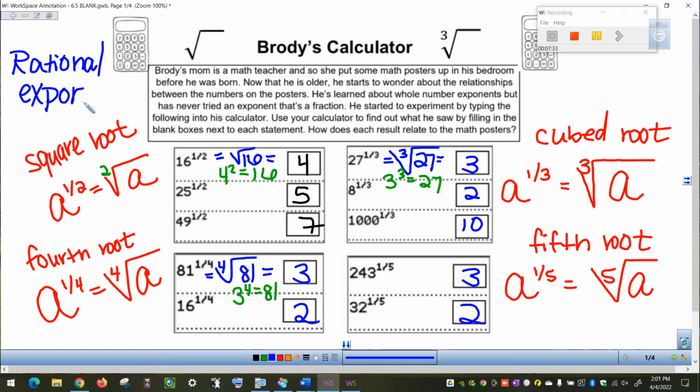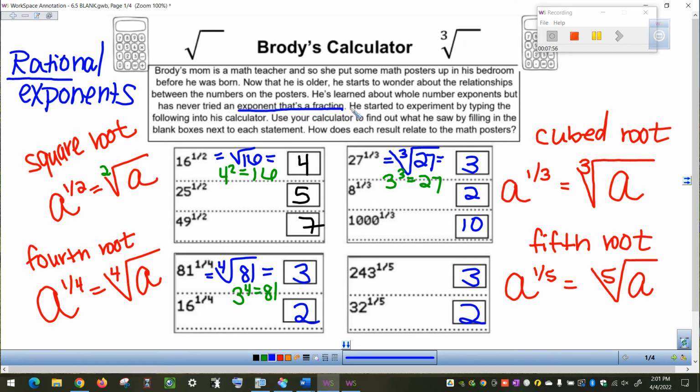If we think about this word rational, the first 5 letters spell the word ratio, and a ratio is just a fraction. So when we're talking about rational exponents, we see that up here in our first learning target for today: understand the meaning of a rational exponent. That is just an exponent that's a fraction.